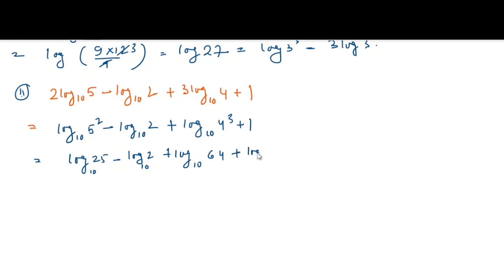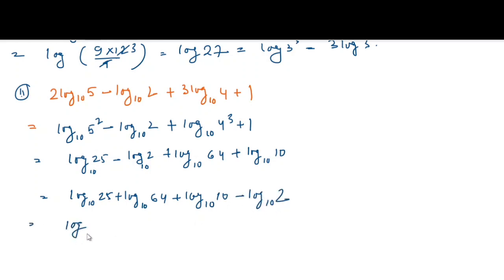Plus this one can be written as log 10 base 10, right, because we need to express it in a single logarithm. So write this one here. What we'll do, you can see all the positive terms will keep in 1, that is 25 plus log 10 base 64 plus log 10 base 10 minus log 10 base 2. So it will be log 10 base 25 into 64 into 10 divided by 2, because this is a subtraction, so it will be divided.